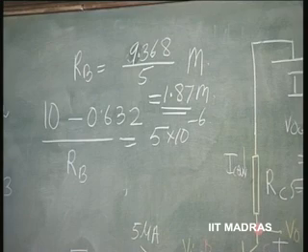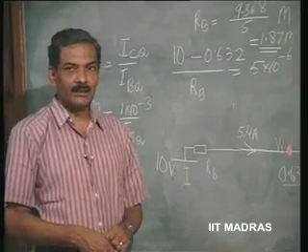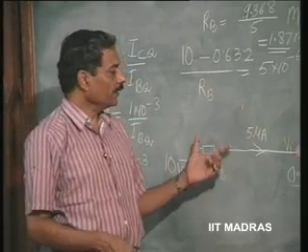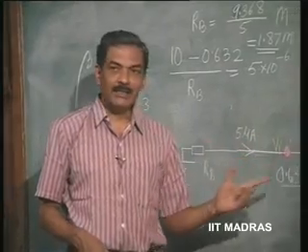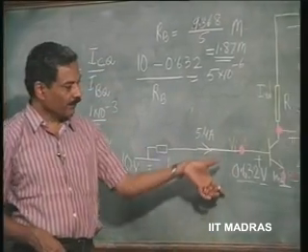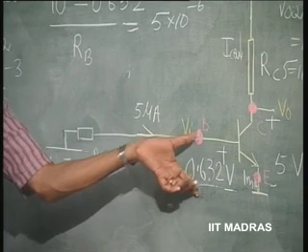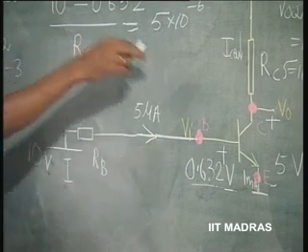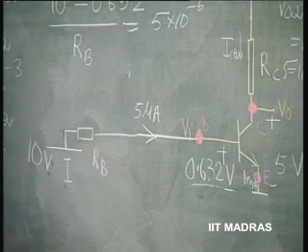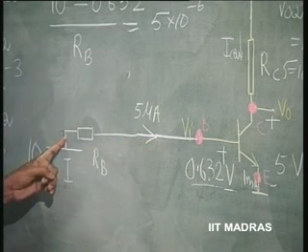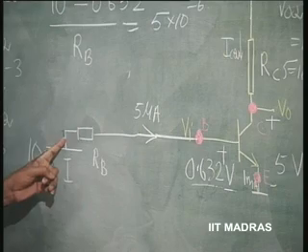The problem therefore illustrates classically how biasing for this transistor is done in a simple manner by fixing the base current here rather than fixing the base to emitter voltage. So, what does it mean? This circuit, if I redraw the circuit, this RB is connected between base and the positive terminal of the 10 volts.